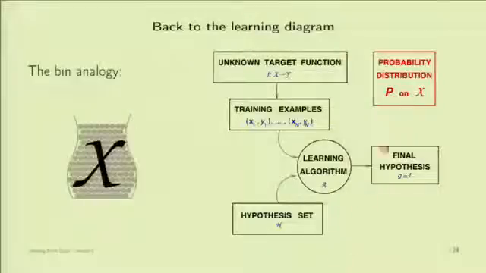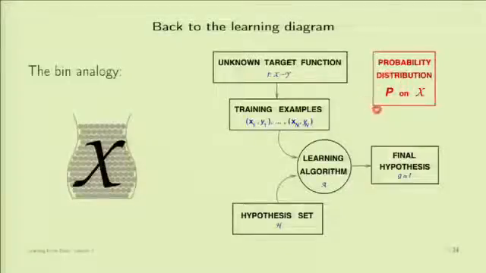There is a probability of picking one point versus the other, and that is captured by the probability which I'm going to call capital P. Now the interesting thing is that I am making no assumptions about P. P can be anything. I just want a probability. So invoke any probability you want, and I am ready with the machinery. I am not going to restrict the probability distributions over X. That's number one. So this is not as bad as it looks.